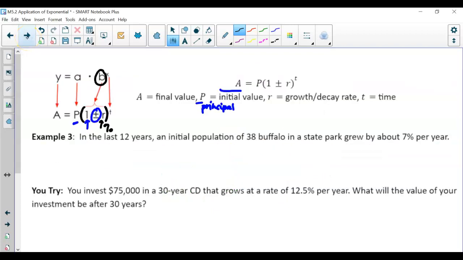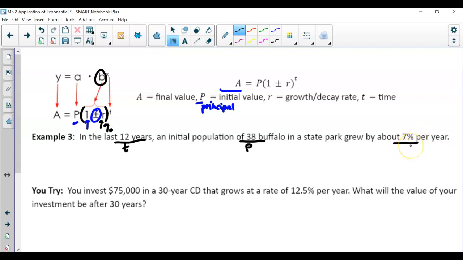So like here, for example, we are given in our first problem that in the last 12 years, so here's our T, our initial population, so there's our P, we started at 38, but now we're given a percentage, 7%.